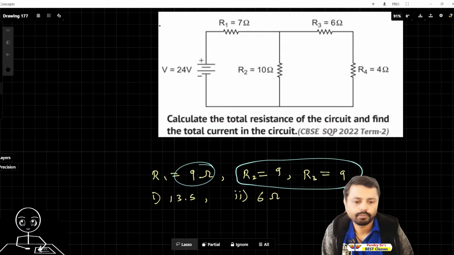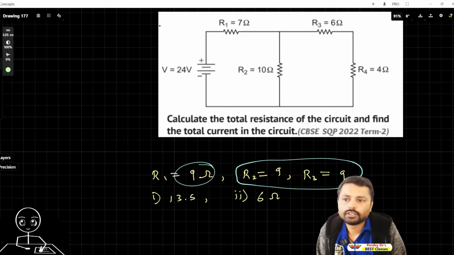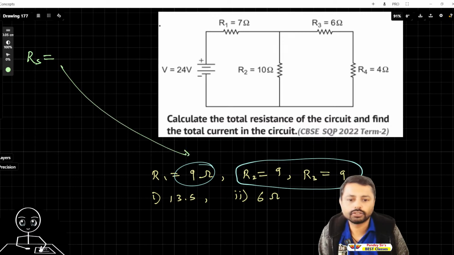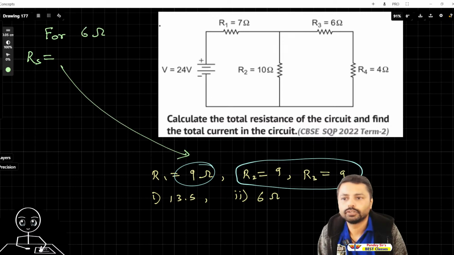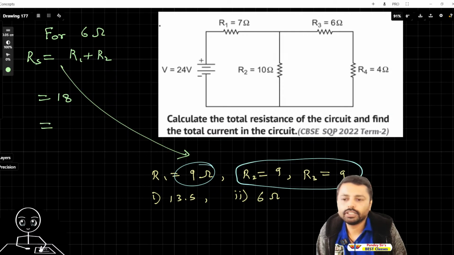So let's try first them in series. R of series, I'm doing this earlier question for 6 ohm. R of series will be R1 plus R2. That's 18, which Lovely Onyx has solved. That will be equal to, yes, that's R of series.